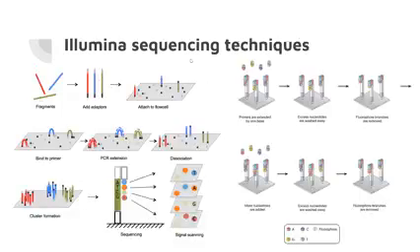All right, so we'll read from the left side first. So you have your fragments, you attach adapters to those fragments, you attach them to the flow cell. And the flow cell also has fragments on the flow cell that are complementary to the adapters sticking up. So your fragment will bend over and attach to the flow cell on both ends.